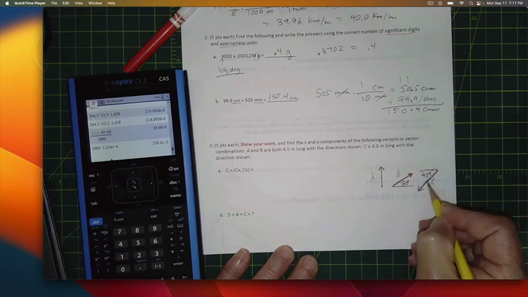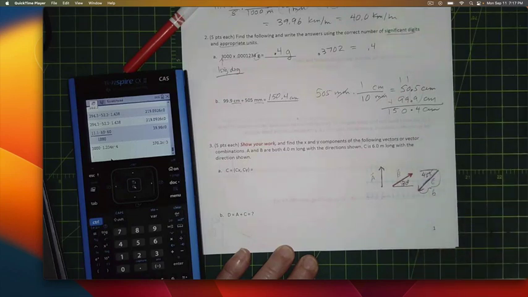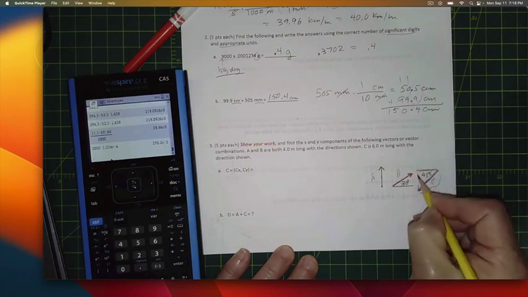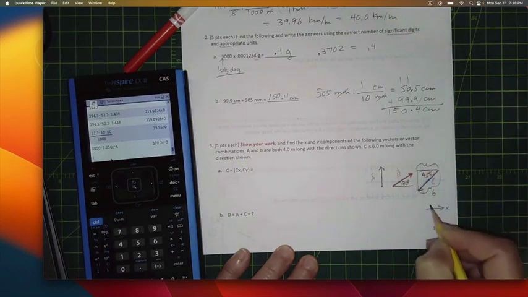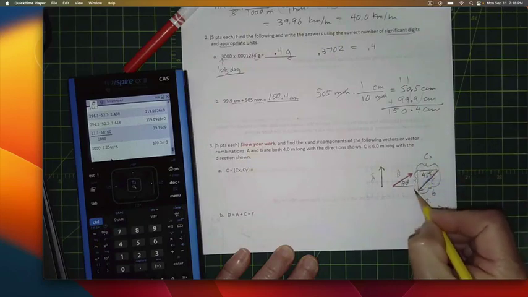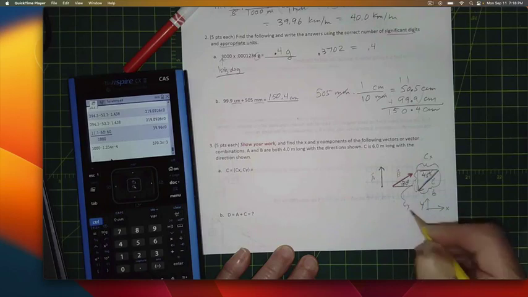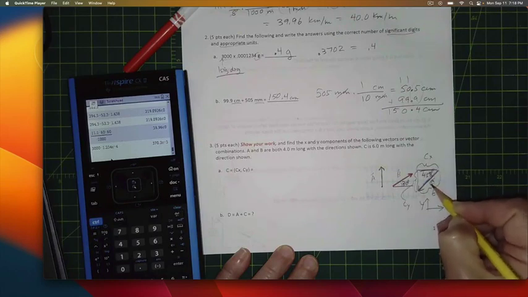So here's C. It says the length is 6. Angle is 45, so you want the pieces. We've got x horizontal, y vertical. So this would be what we call C sub x, and this is what we call C sub y. Just looking at the triangles, x is next to the angle, and the 6 is the hypotenuse.